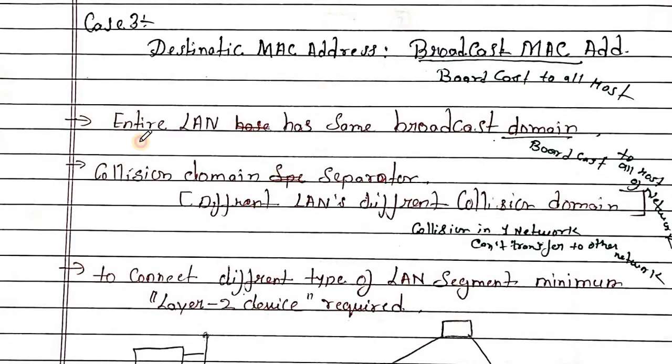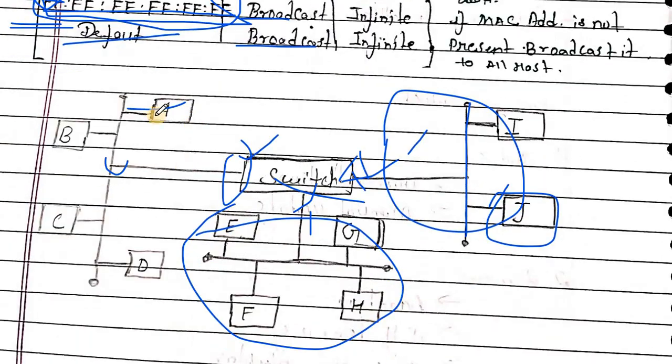Now here the entire LAN has the same broadcast domain. It means that if any one of the nodes wants to broadcast a frame, broadcast meaning sending the frame to all the connected nodes, it can broadcast it, and the switch transfers this packet to all the connected networks, and from the networks the nodes receive the packet.